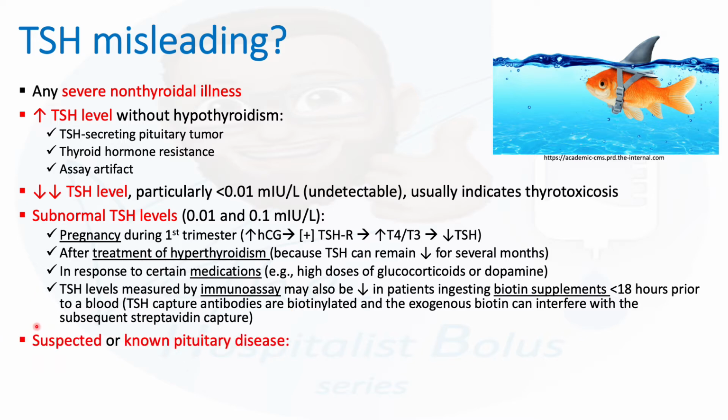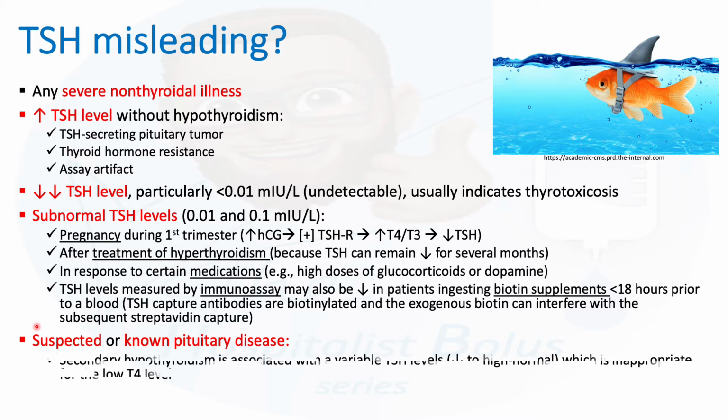Also, if you suspect or a patient is known to have a pituitary disease, you need to be careful in these situations. This is secondary hypothyroidism, and in these situations the TSH can be very variable. It can be low, it can be normal, or a little bit high, which would be inappropriate.